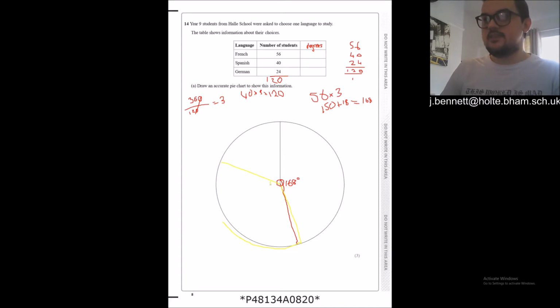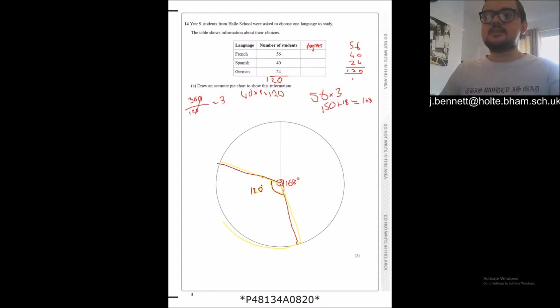And you'd say that this angle here is 120 degrees. In fact, that pen's not very clear to see. I'm going to change the colour to this. So yeah, this angle here is 120 degrees.